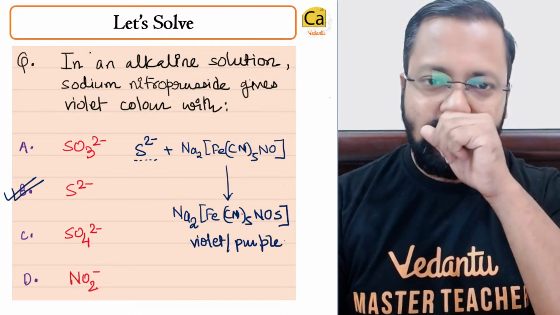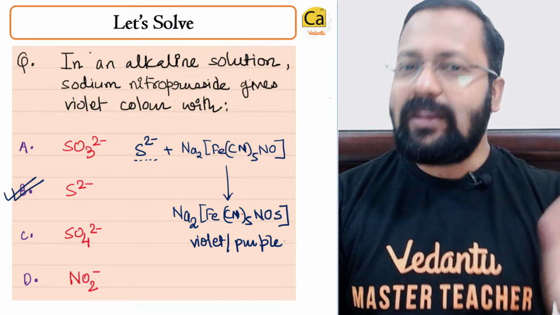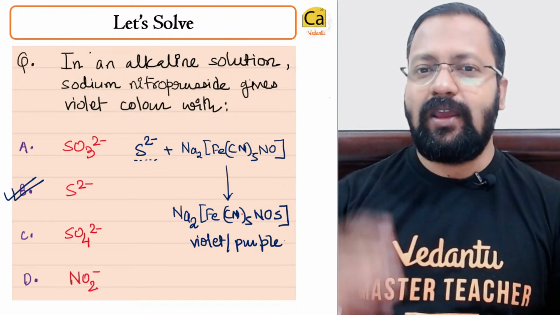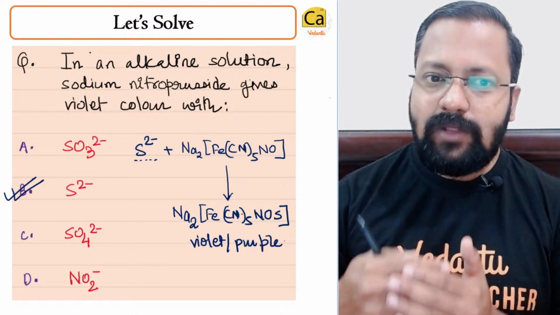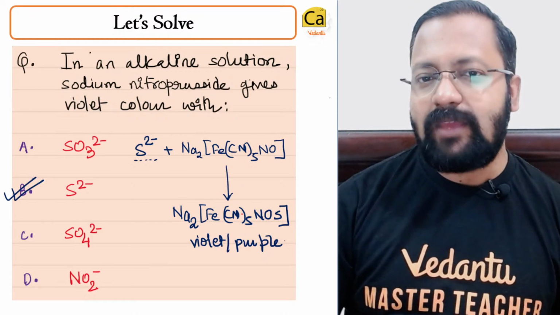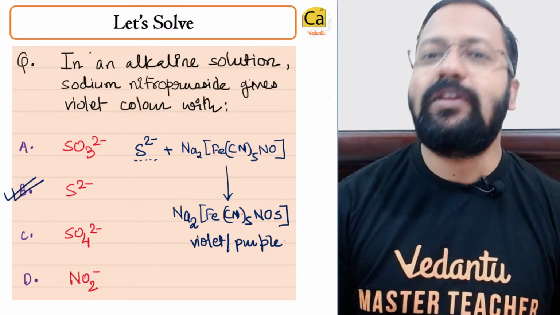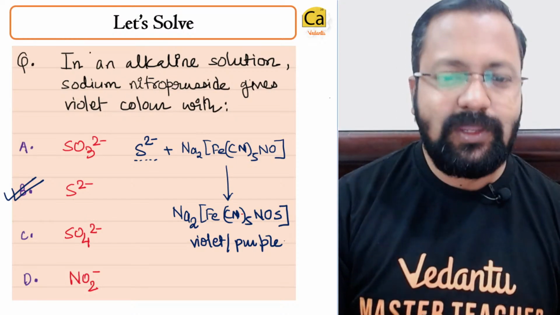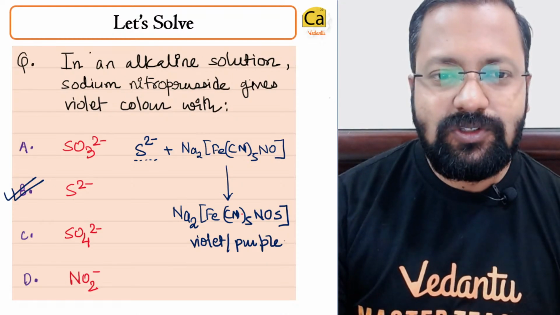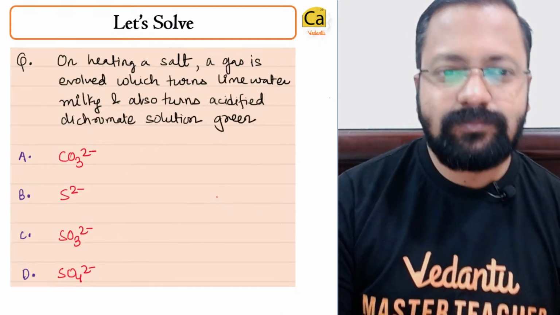These are the anions which are given. For which anion was sodium nitroprusside used? If you use this method multiple times, you will find that at a certain point of time you would remember this information like a second nature. Okay, let's move on to the next question.